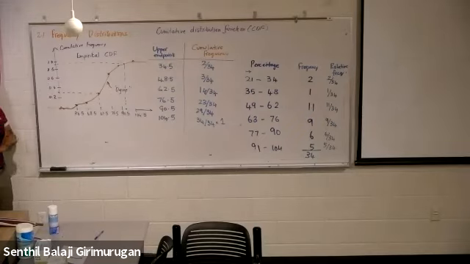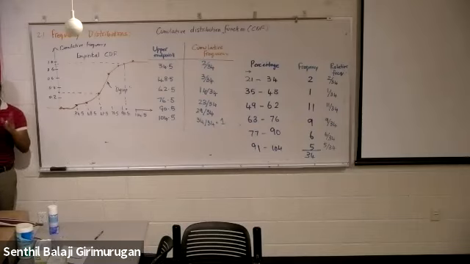Based on this graph, if someone came up to you and asked, what are the chances that a student's phone battery is going to be less than 10% at 3 p.m. on a school day? 0, right?